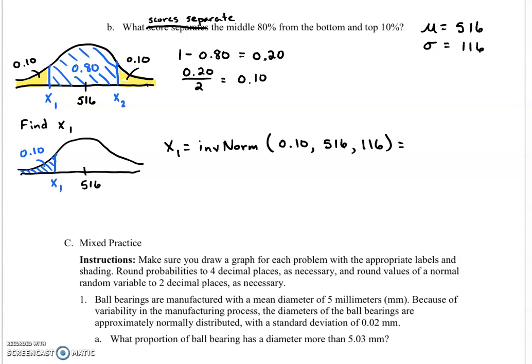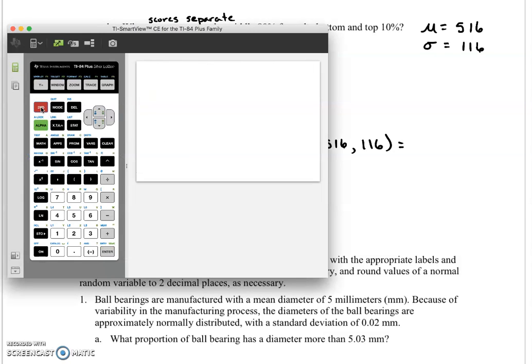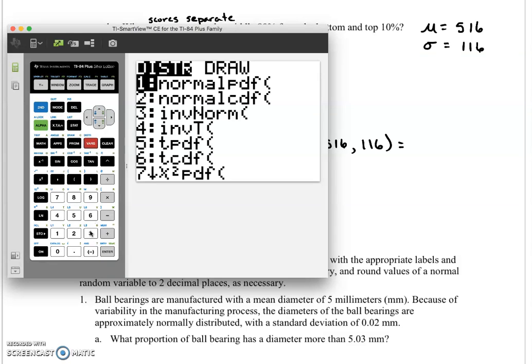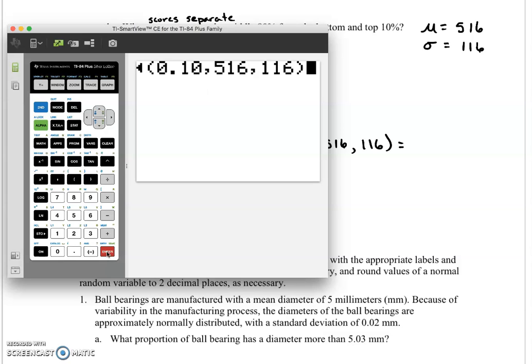So if we plug that into the calculator, we get second vars number 3. Area is 0.10. The mean and the standard deviation are the same. So paste and enter.